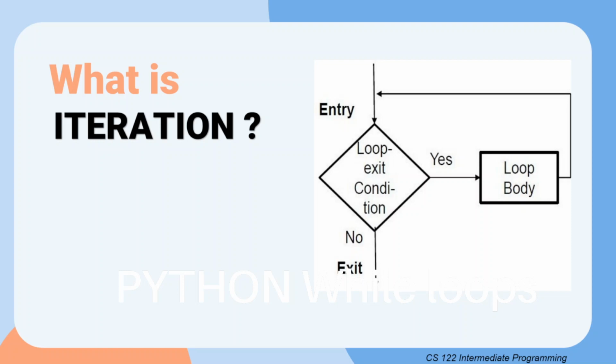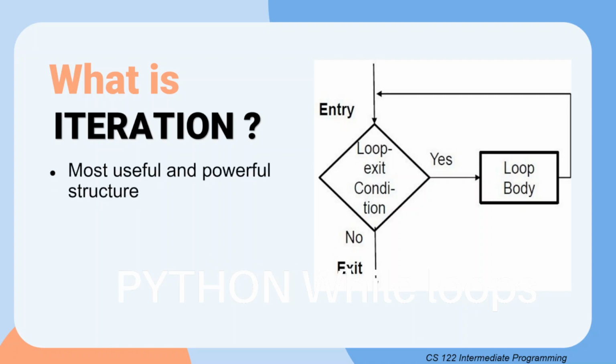As you can see here in the flowchart, for example, you have a problem where you want to display a simple "happy birthday" 10 times, and you want to display "happy birthday 1, happy birthday 2, happy birthday 3," and so on. For that case, we need iteration.